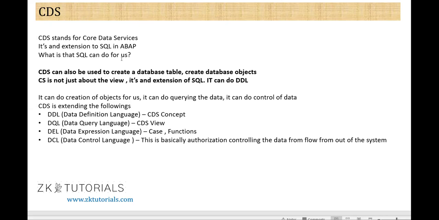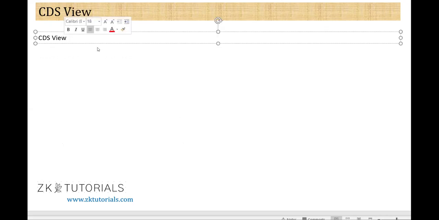For CDS, you got to know about its capabilities; we can create tables using CDS. I haven't written CDS view here. In CDS view, what can we do? I'm directly reading this. Someone will ask you, what is a CDS view?